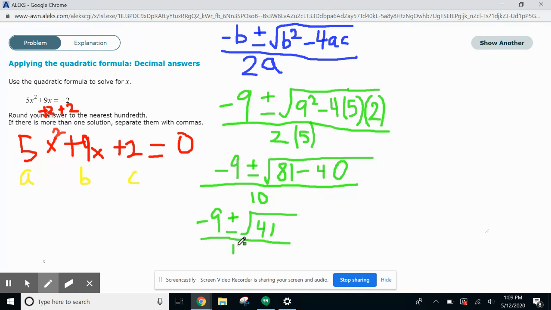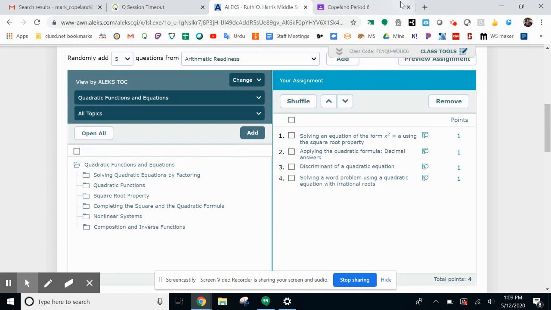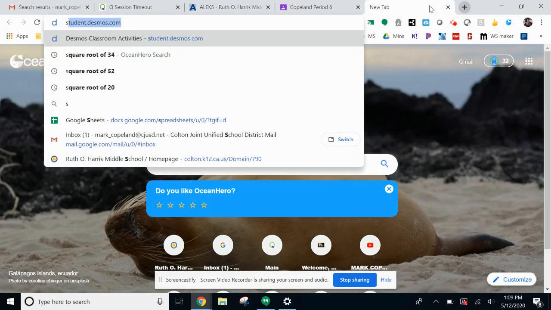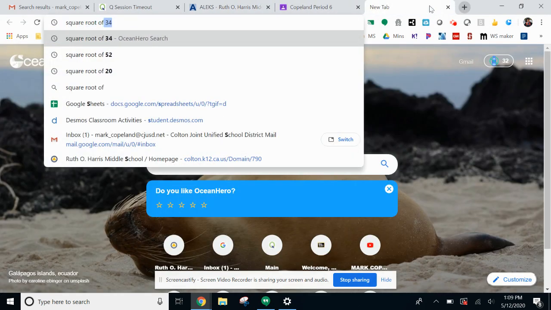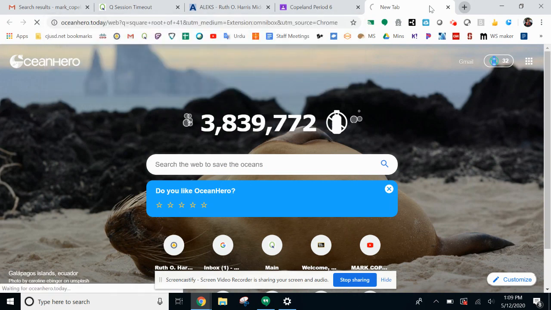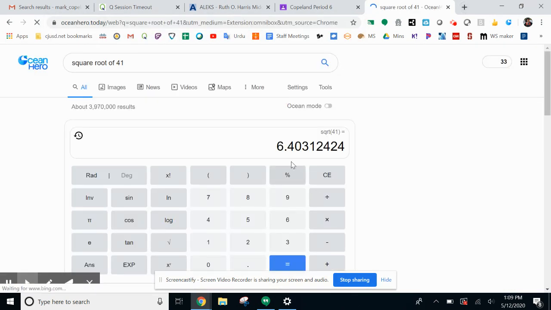And you might realize off the top of your head that that is not a perfect square. So that means that this radical is not going to be a perfect square. It's not going to be a whole number or an integer. So what I'm going to do is use Google to find out the square root of 41. It's going to be 6.403.